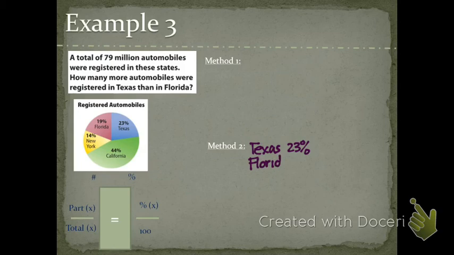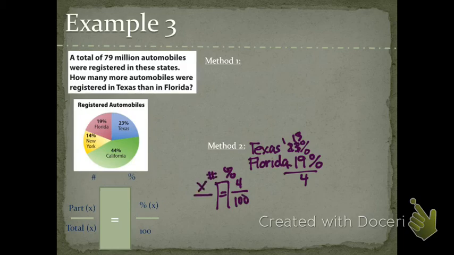Florida has 19%, so I can go ahead and subtract the percents first, since it said how many more. So when I subtract the percents first, I get 4. So now I'll set up my percent bar here. So I have 4 over our 100. Our numbers are on our left side. Okay, so we want to know out of 79 million.